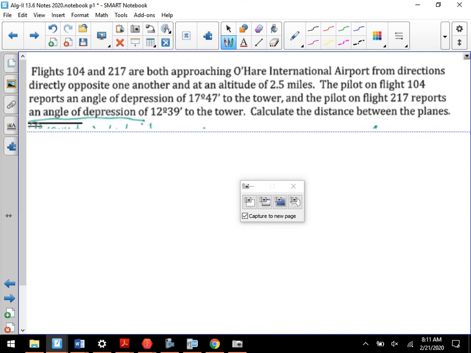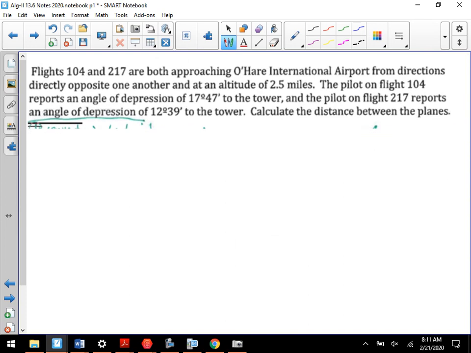Now, one of the things on here, it talks about degrees and minutes. Okay? It says it's an angle of depression of 17 degrees, 47 minutes. Now, that means we have to know how to convert that.